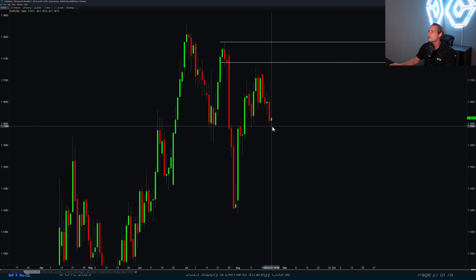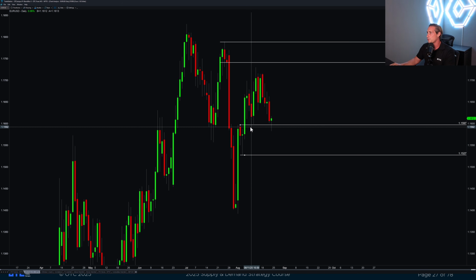Now, let's look for a demand zone. If we go down here, price right now is reacting from that rally, base, rally. And you see that the wider version of that zone has been tested before.